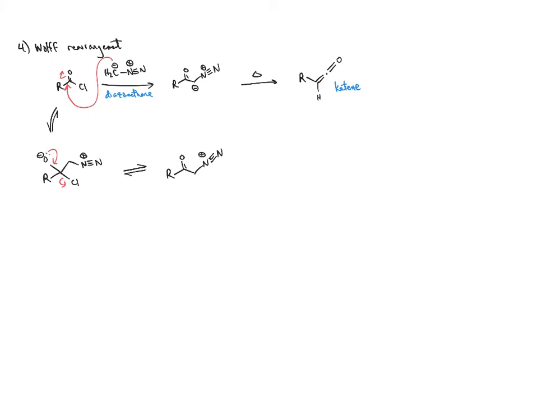And we have a positively charged intermediate, which under these conditions with chloride hanging around, we can get deprotonation of one of those two protons to give us the neutral species.